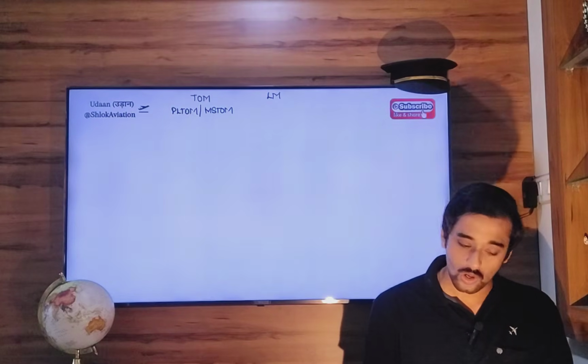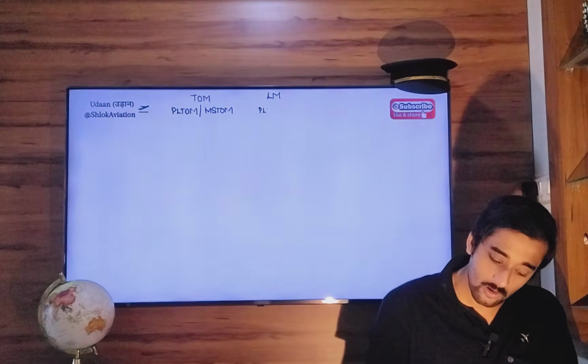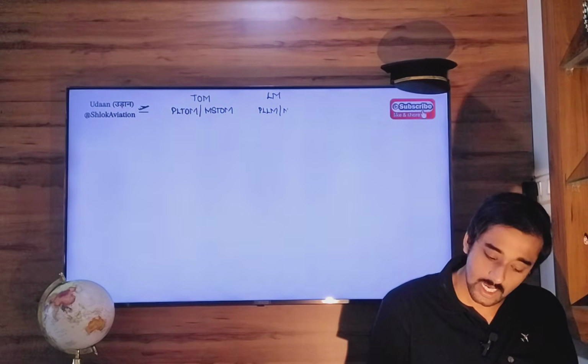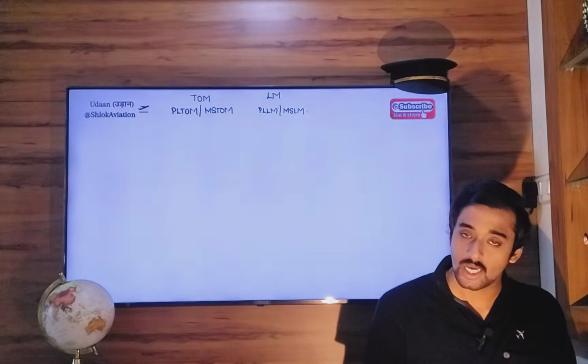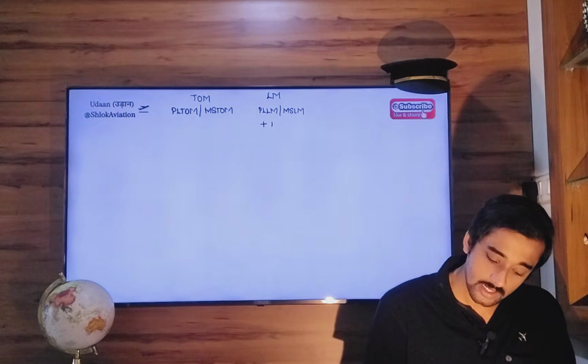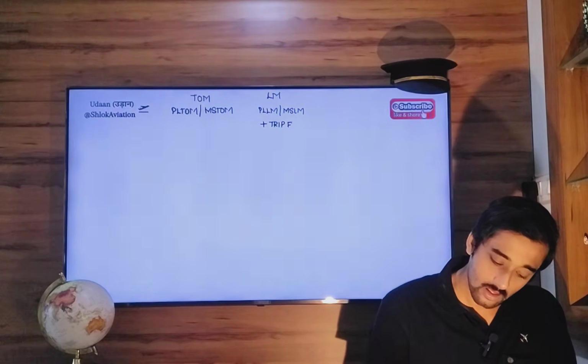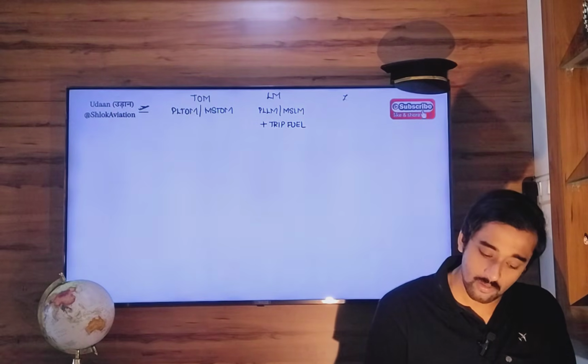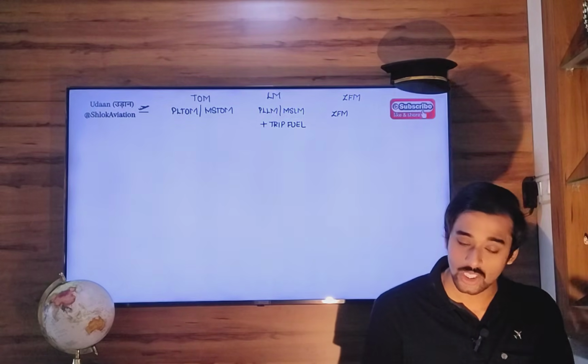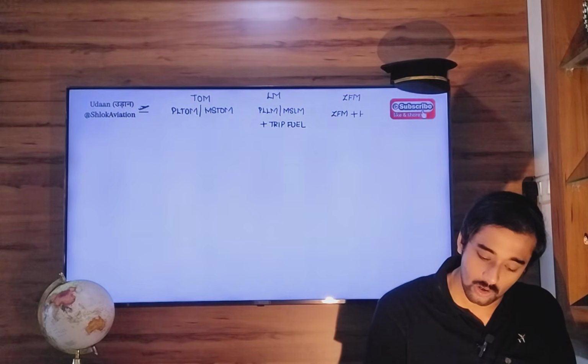In the landing mass column you are going to write a value which is the lesser of performance limited landing mass and maximum structural landing mass, and to that you are going to add trip fuel. In the zero fuel mass column you are going to write a value which is an addition of zero fuel mass plus fuel on board.